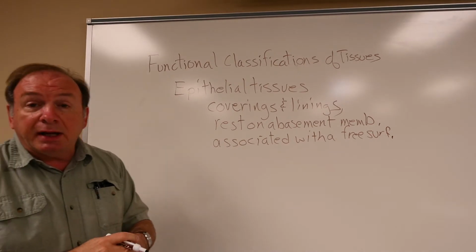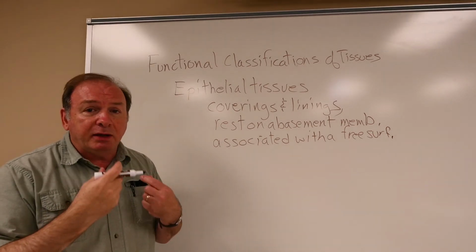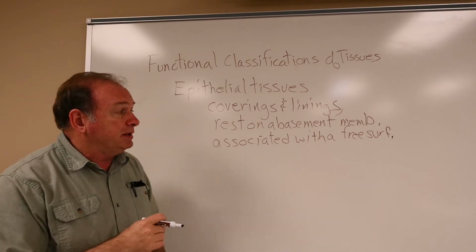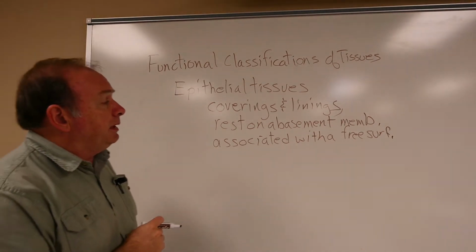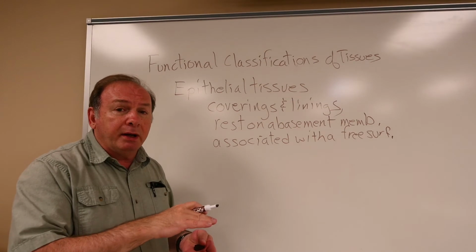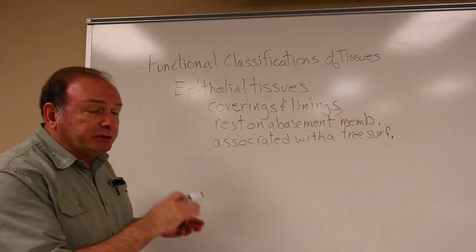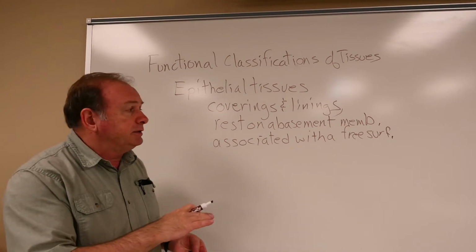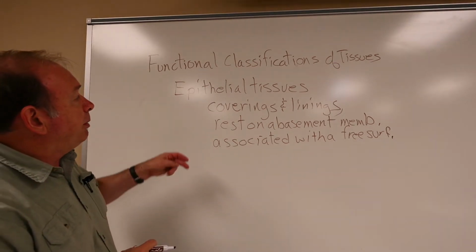So of course your skin has a free surface, but any other cavity in your body would have a free surface side to the epithelium and then a basement membrane side to the epithelium. So this sets up a polarity in any epithelium, a basal portion of the epithelium and a free surface layer of the epithelium.